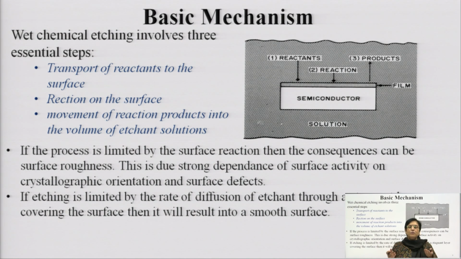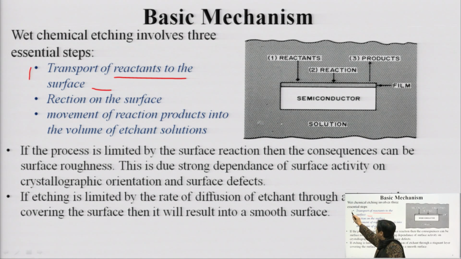Now, what is exactly the basic mechanism happening in etching? You know already there are three basic things happening. First, whenever you want to dissolve a certain species, you have to transport the reactive species onto the surface. This is the first stage. Then there will be a reaction of those species on the surface.